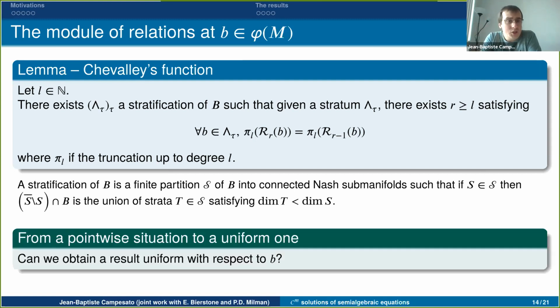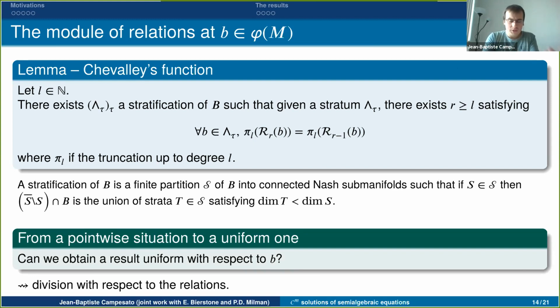And the issue at this step is that that's a punctual notion, because over each point of B, we have a module of relations, but what we want is to construct a Whitney field. So we would like to construct something which is uniform. And to achieve this step, I'm going to divide with respect to the relations.